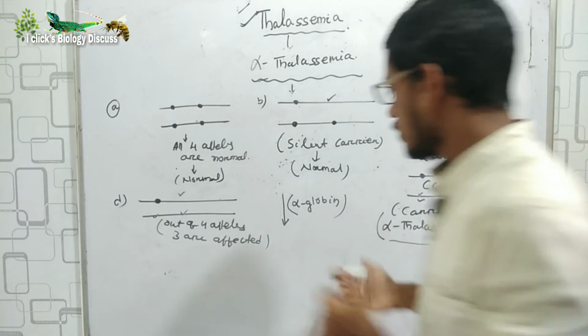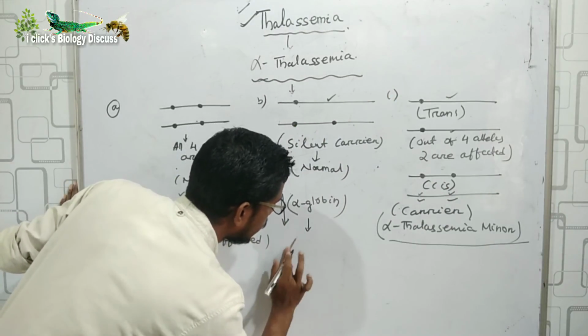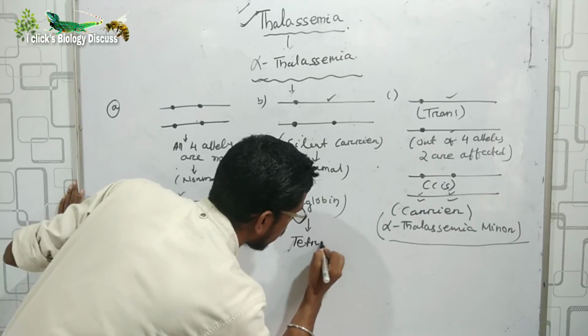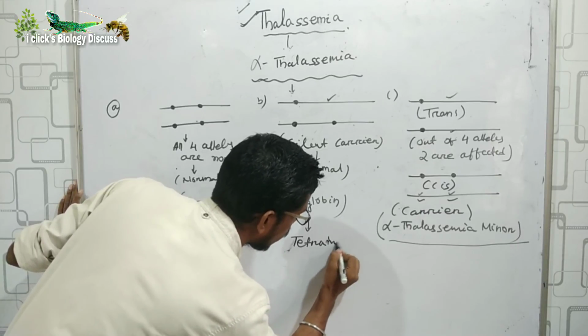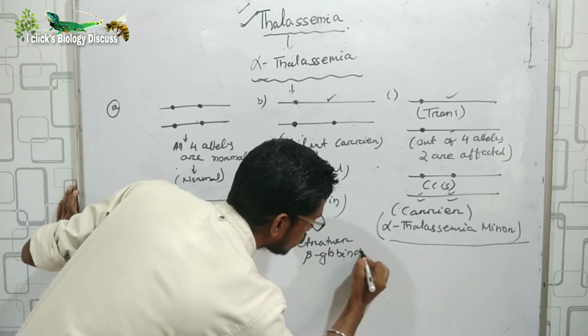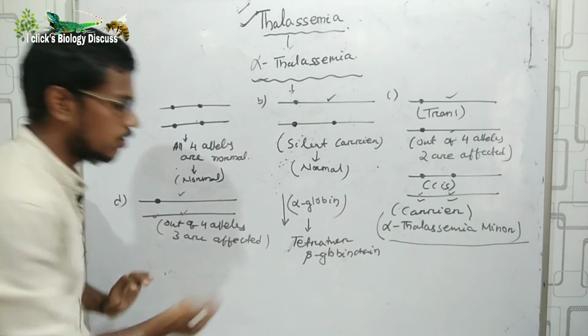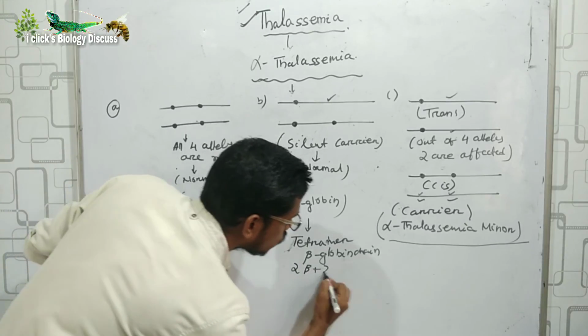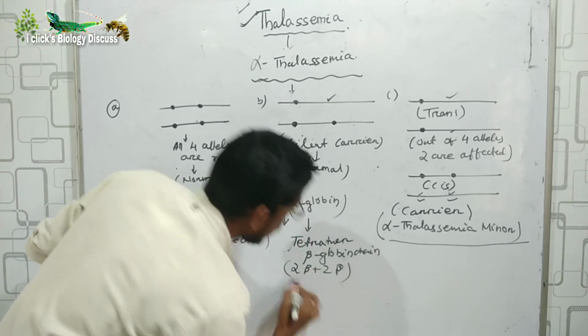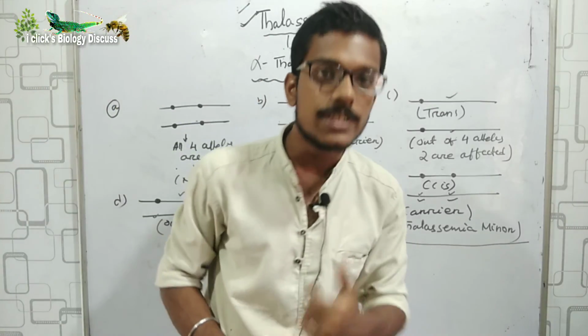Then it will lead to the formation of a tetramer of beta globin chain: 2 beta plus 2 beta. But normally there is a requirement of 2 alpha plus 2 beta.